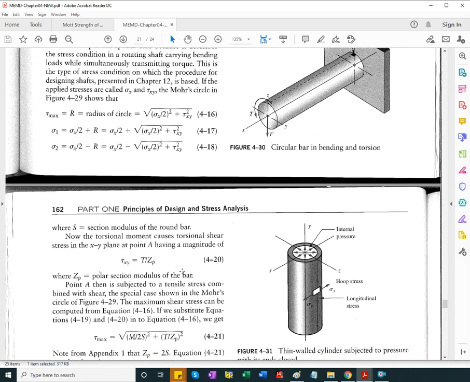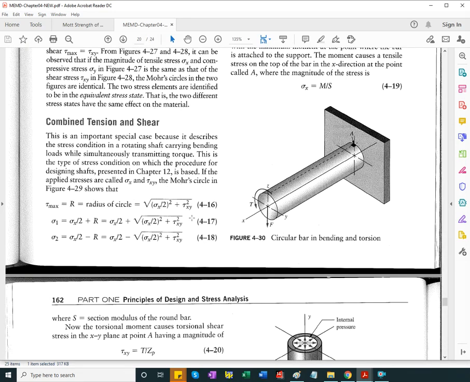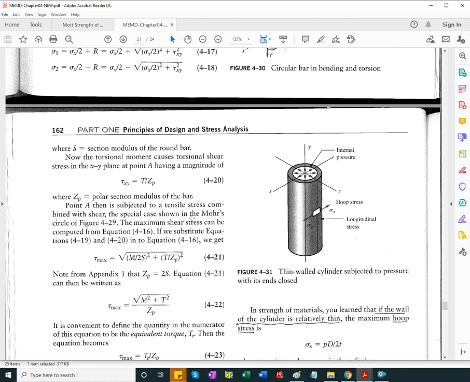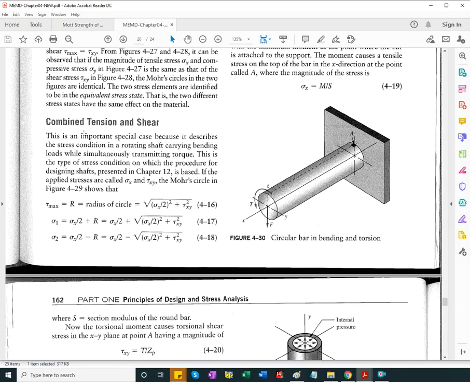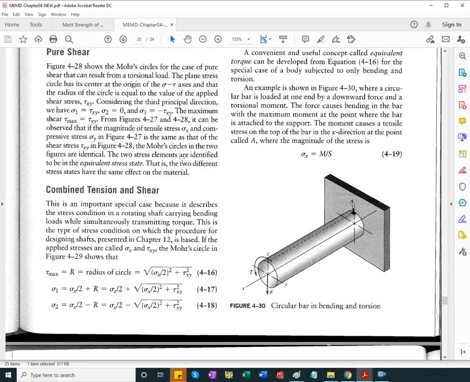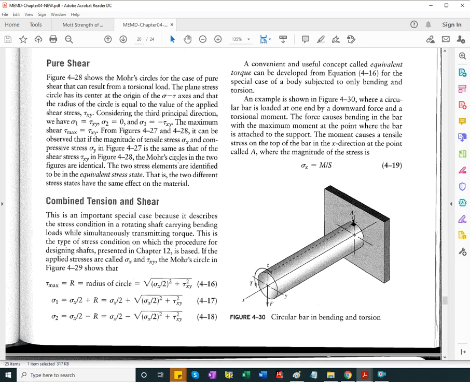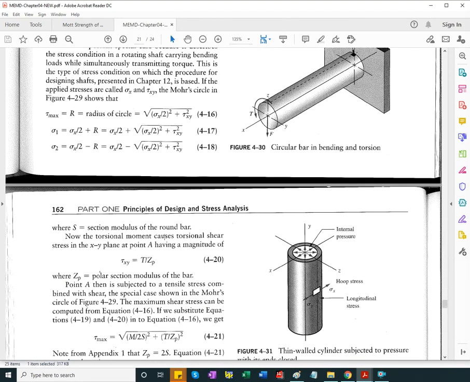Okay, and we'll do our own share of examples of problems. The torsion and shear, same as in the strength book, just because we have tension and shear, tension being possibly caused by bending. It's so common in power transmitting shafts, like the one with the 2 pulleys that we saw earlier.